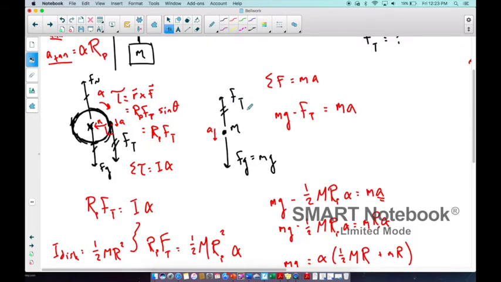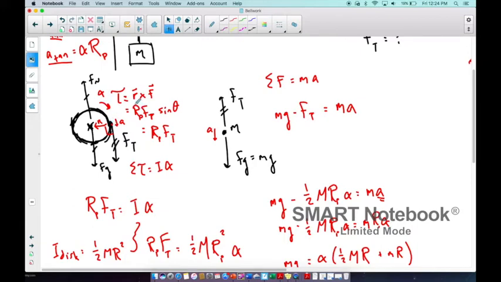So I drew a free body diagram for the mass here. I drew a free body diagram for my wheel. I recognized I wasn't worried about any forces acting on its center of mass to cause it to move translationally, but there was a force located away from the axis of rotation, and I recognized right away that that could be a torque to cause it to have this alpha.